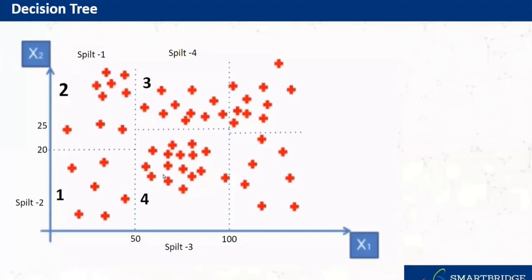So if it is a regression, then you will be considering the splitting of numbers. If it is a classification, then that depends on the information gain and entropy. Did you understand this, guys?